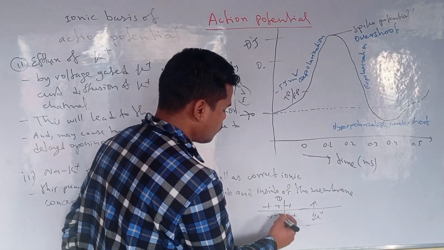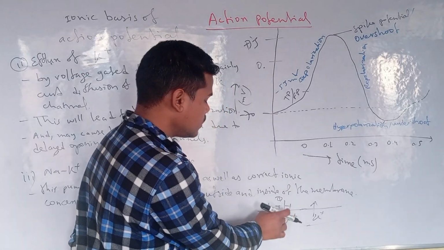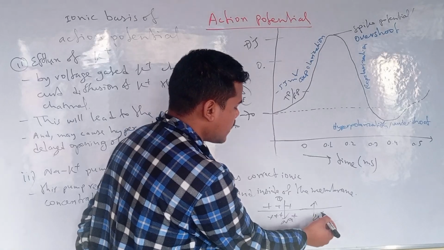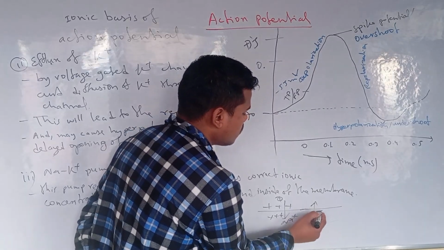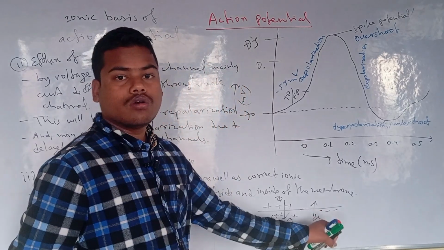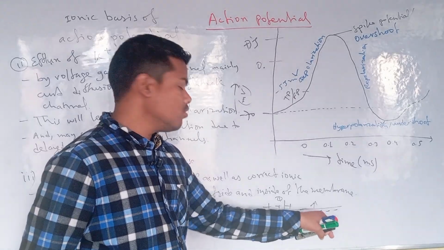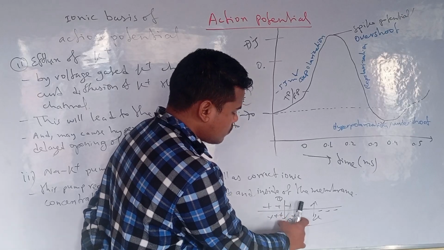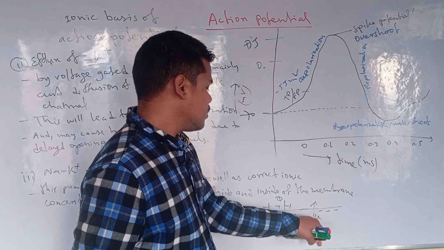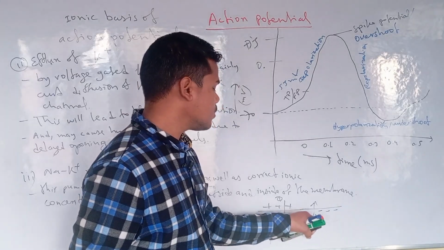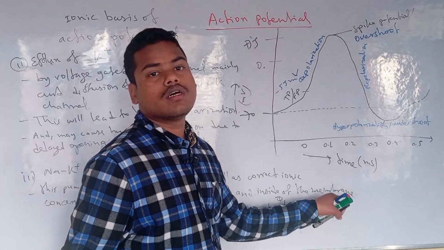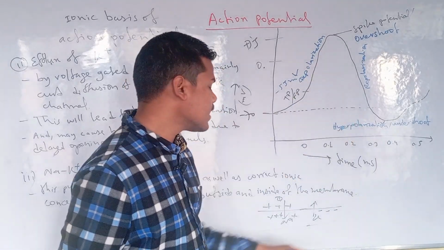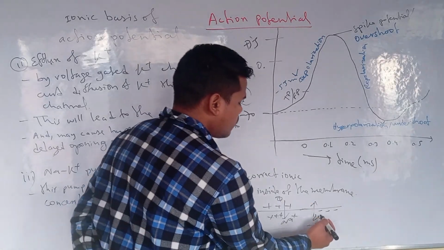Sodium influx causes positive potential inside, and to neutralize this positive potential, potassium will get effluxed and the normal negative potential will be established inside. But the sodium ion concentration will increase inside the membrane and potassium ion concentration will increase outside the membrane during this action potential cycle.